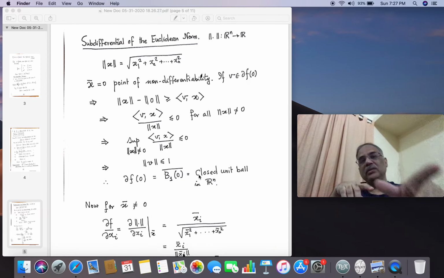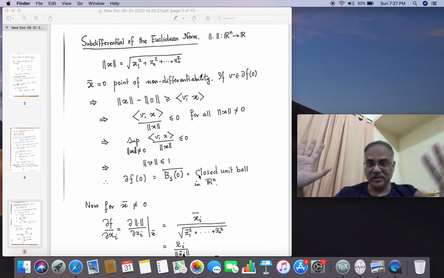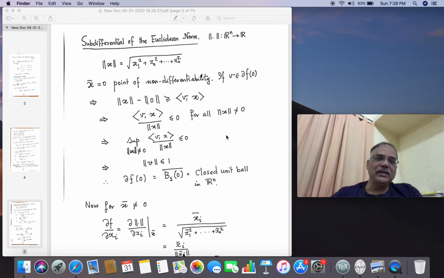So norm x is equal to root over x1 square plus x2 square plus dot dot dot plus xn square, the n-dimensional Pythagoras theorem. Now x bar equal to 0 is the only point of non-differentiability. There is no other point of non-differentiability. In that case, you write the subgradient inequality, and from here you get this one.